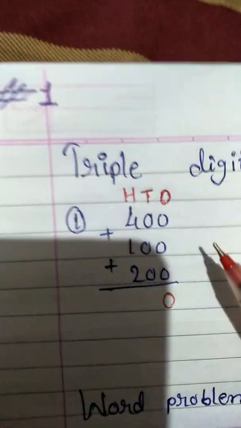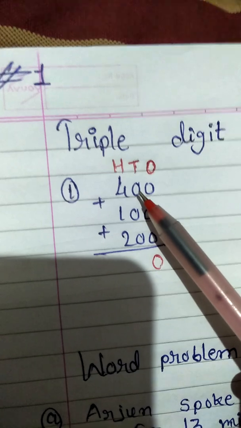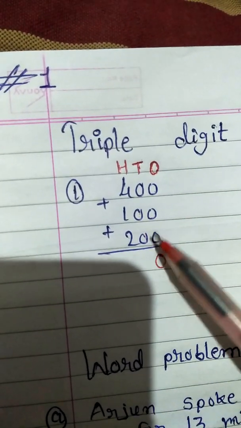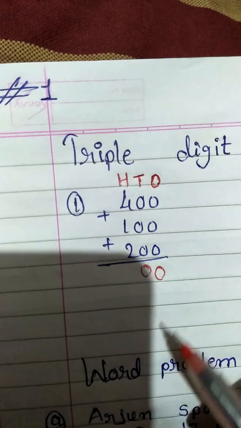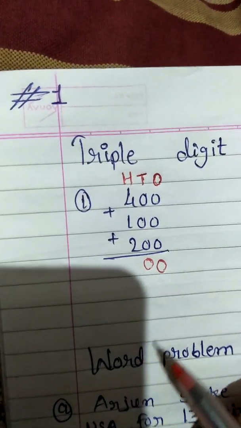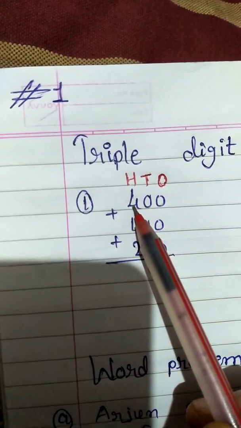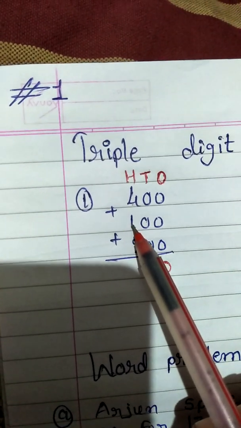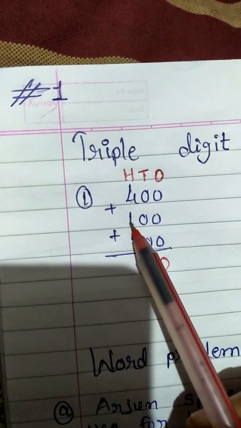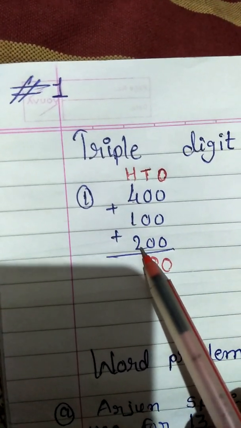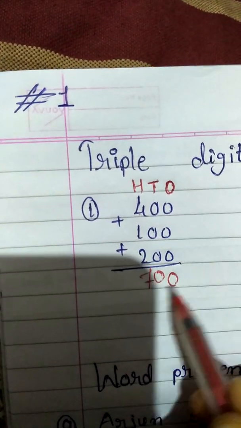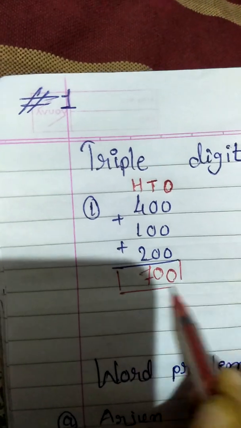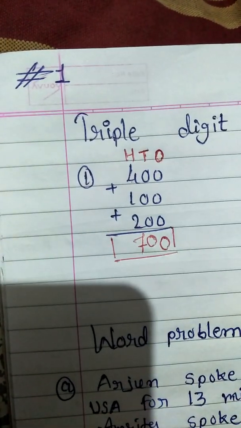Next, tens. 0 plus 0 plus 0, your answer is 0. Next, 4 plus 1, 5 plus 2, 7. Exactly. So 700 is your answer.